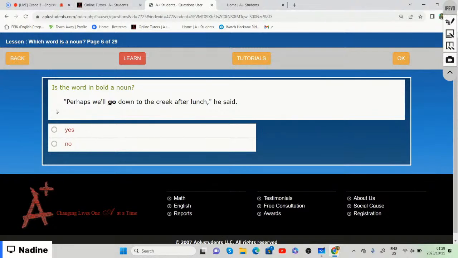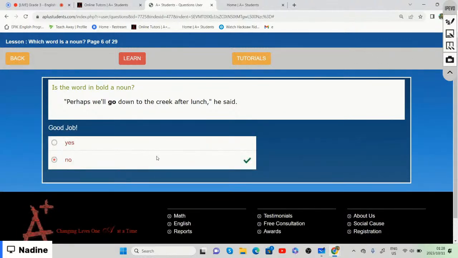All right. So if we look at the word go, right? Perhaps we'll go down to the creek after lunch, he said. And the word go, we will say no, it is not a noun. So go is not a noun.